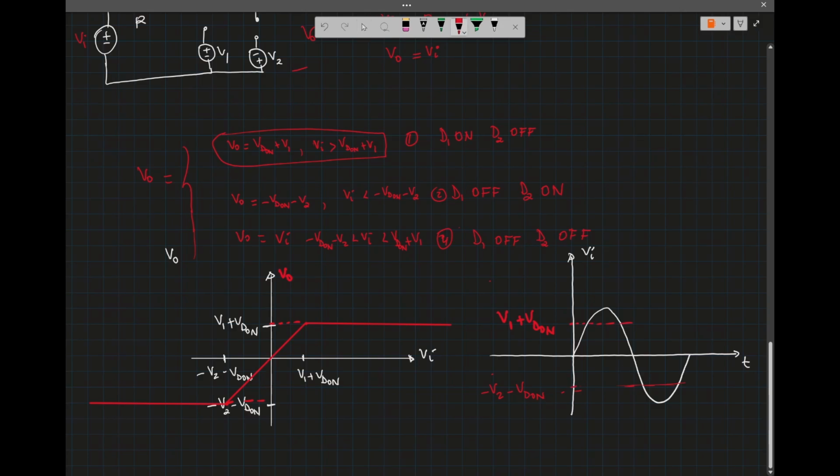If anything changes, going through the same process you are going to get the same result. Between the two, the voltages are equal, so VI equal to V0.